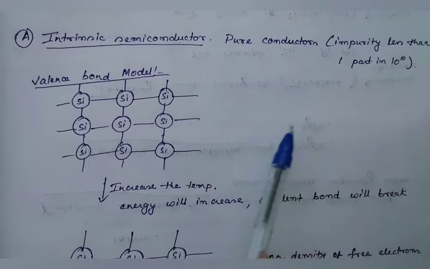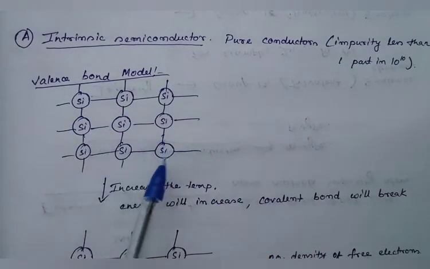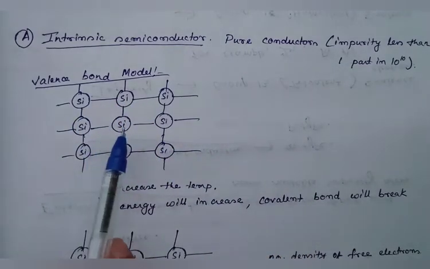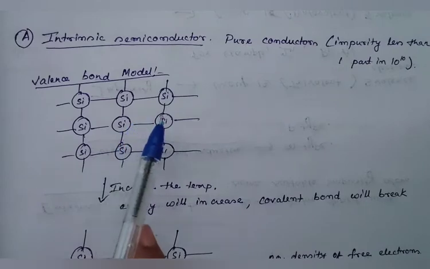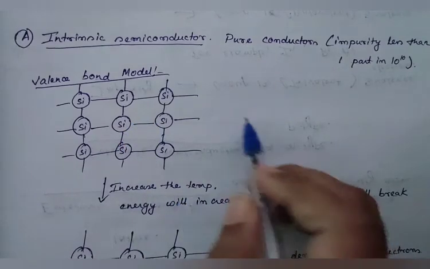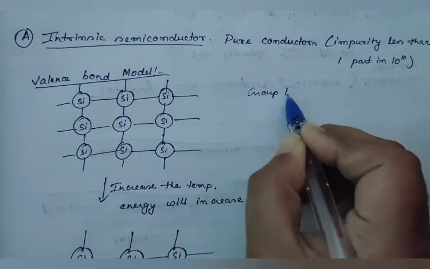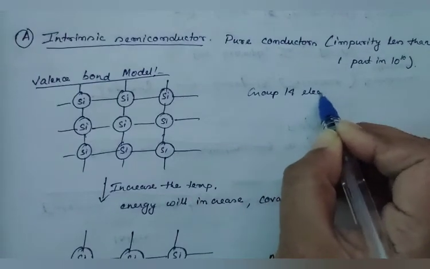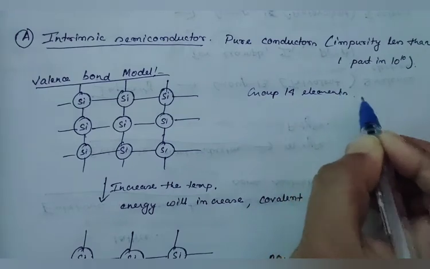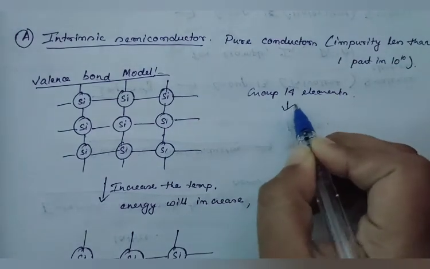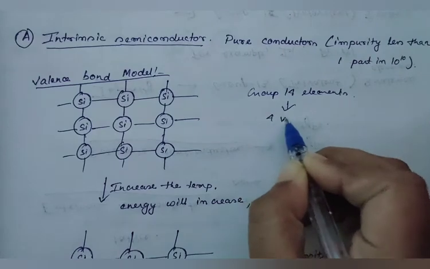Now, if I see the crystal structure of semiconductor, that is, if I take silicon or germanium, I know these are group 14 elements. So group 14 elements have valency 4.